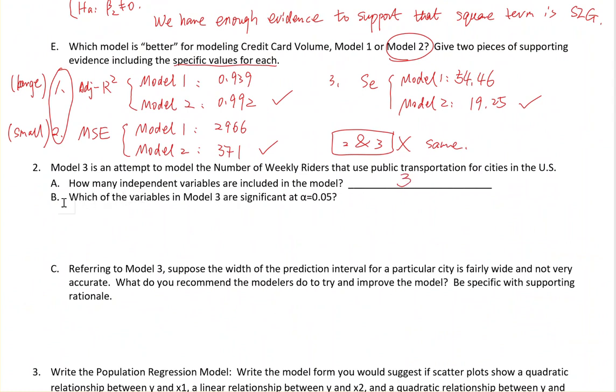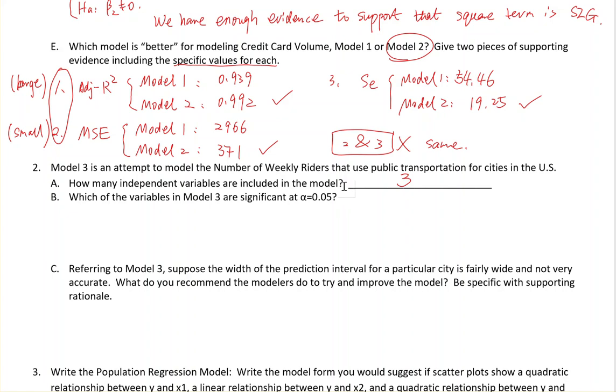All right, so next, which of the variables in the model... some of you may think about how many independent variables are included in the model. Some of you think it is 4, but it is not, because the response variable is not included.